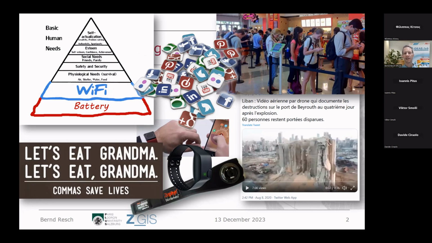And the data which I shared, and I'm going to say a few words more in a second, on social media are manifold. So first of all, it's different modalities, like, for example, down here, which is a real use case from the nitrate explosion in Beirut a few years ago. So it's text, it's videos, it's sometimes images, and of course, we have the georeference, the geolocation, and time, of course.